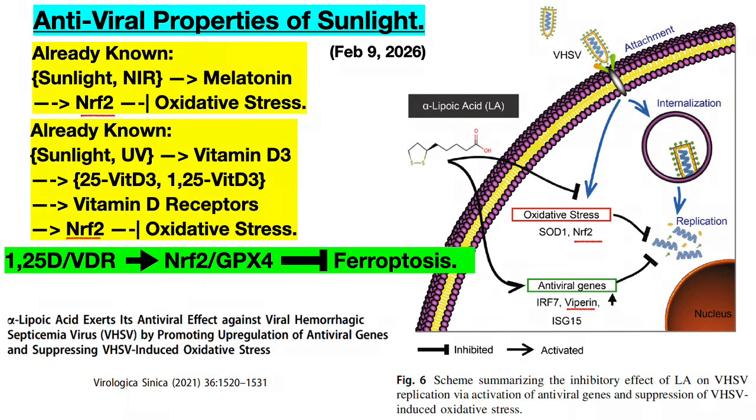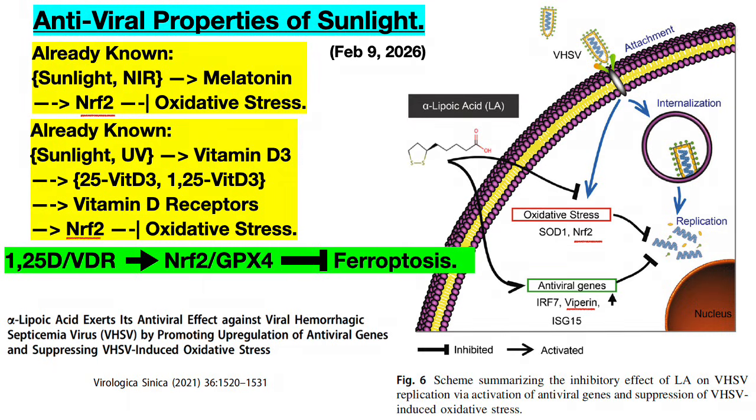How can NRF2 suppress oxidative stress? One way is NRF2 upregulates GPX4. And by reducing reactive oxygen species and peroxidated lipids, it suppresses a downstream consequence of that oxidative stress, ferroptosis.